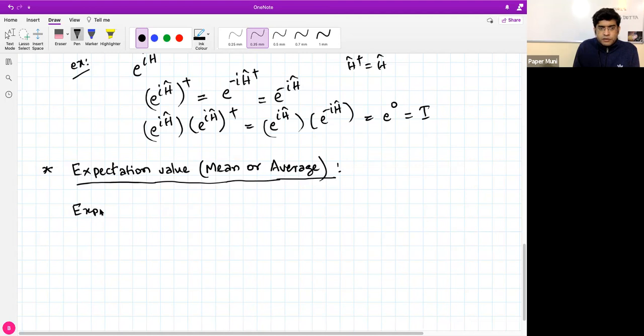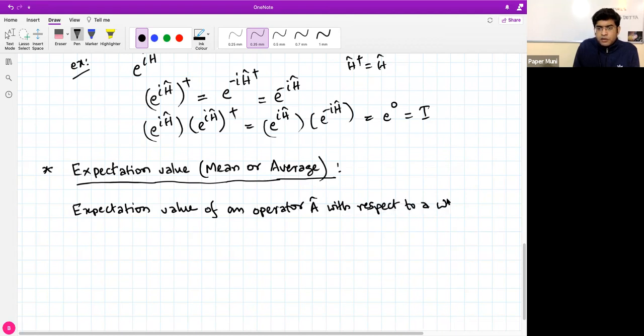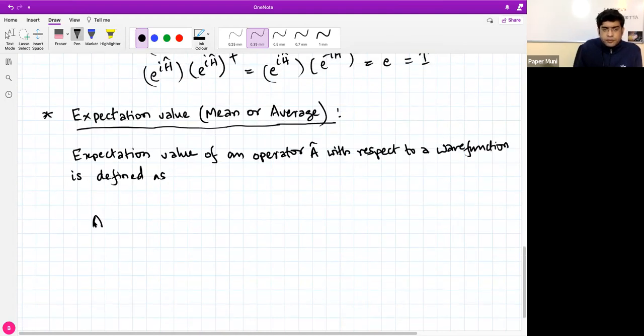So the expectation value of an operator A cap with respect to a wave function is defined as, it's given like this, that A, enclosed in two angular brackets.